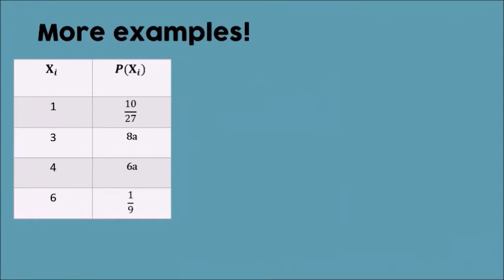Now since we are given this type of problem, we need to solve for a first, before getting the expected value and variance. Note that the values on the right are the probability for the values on the left to happen, which means that the probability that x will be equal to 1 is 10 over 27 and so on.